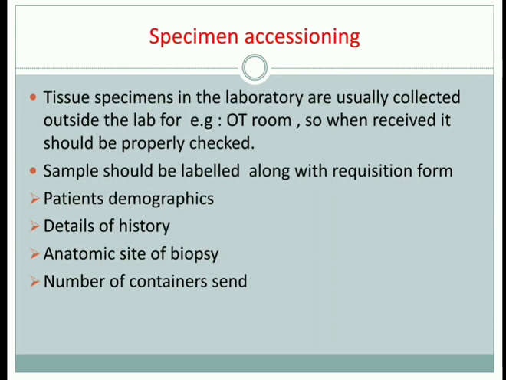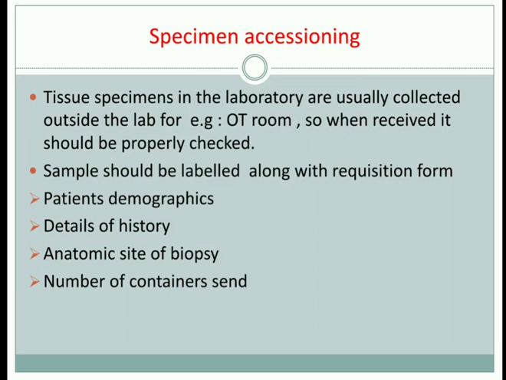Now let's look in detail at the histopathology process. First one is specimen accessioning. The tissue specimens in the laboratory are usually collected outside the lab, for example, the operation theater. So when a specimen is received in the lab, it should be checked properly. Samples should be labeled along with the requisition form.